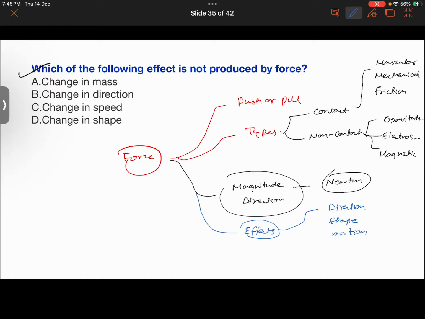Direction can change, shape will change, motion will change, speed will change. Force can bring an object from a state of rest to motion, or from a state of motion to rest.